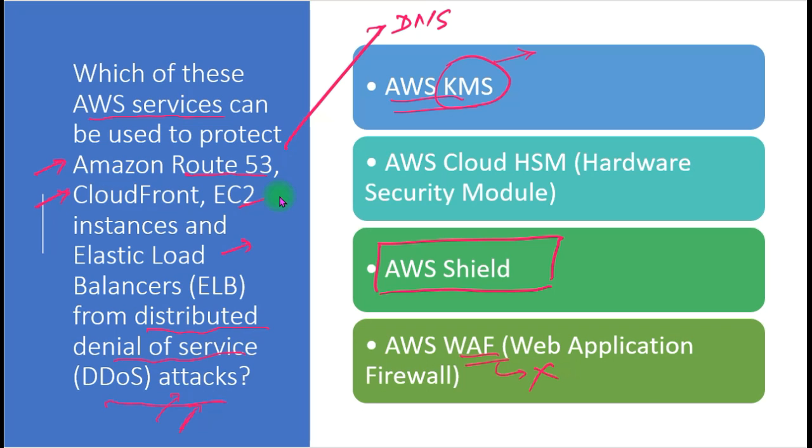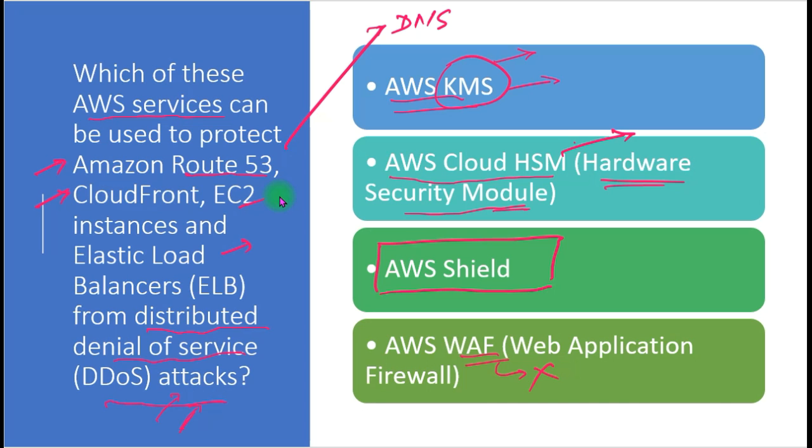Now AWS CloudHSM, the hardware security module, is also a type of key management system in AWS. The only difference is that it is a dedicated single-tenant HSM, which we use for regulatory or compliance purposes, while KMS is multi-tenant. Both services help us to generate, store, use, or replace our keys in AWS.